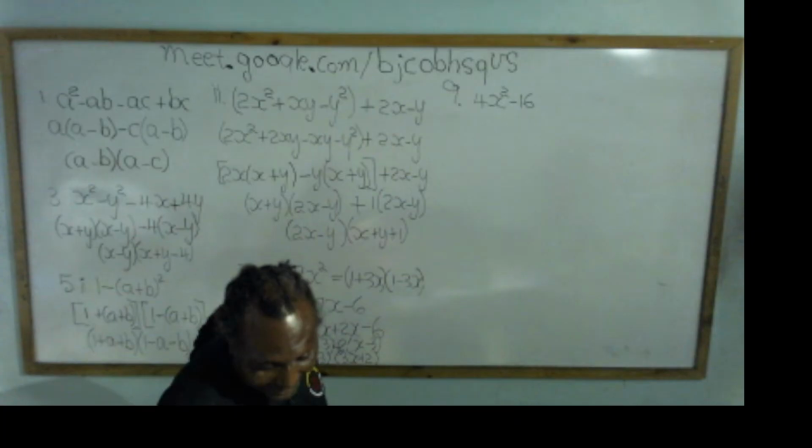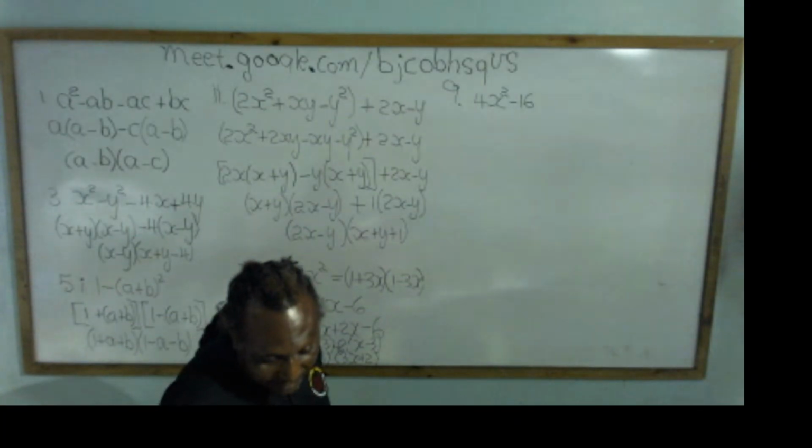She's saying 2x squared plus 4, 2 and negative 8.